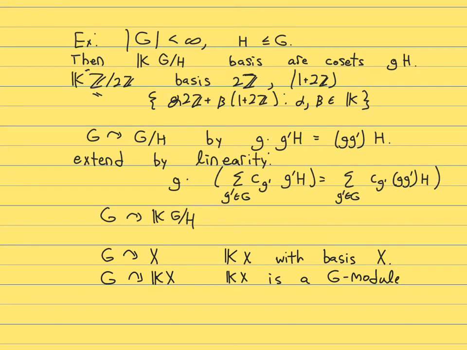The whole point is that instead of getting a representation into a symmetric group, you're now getting a representation into a general linear group. Instead of working with permutations, you're now replacing those permutations with their corresponding permutation matrices.